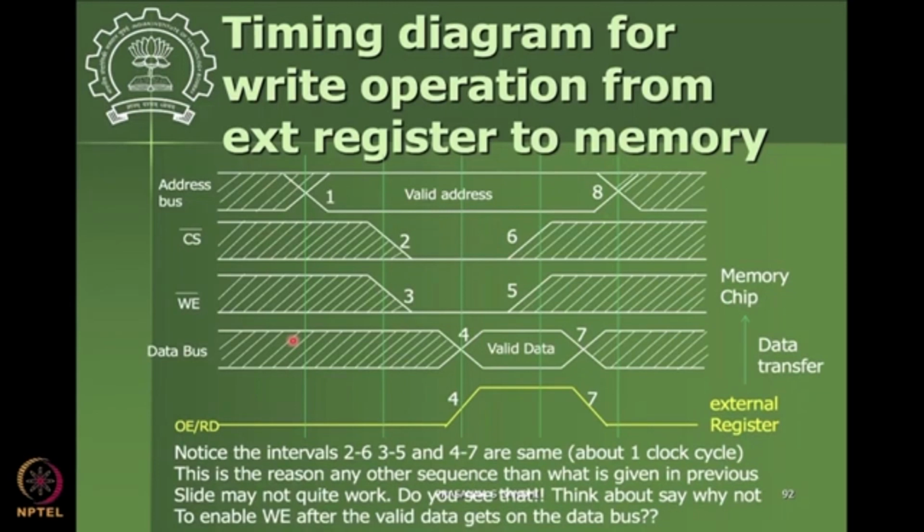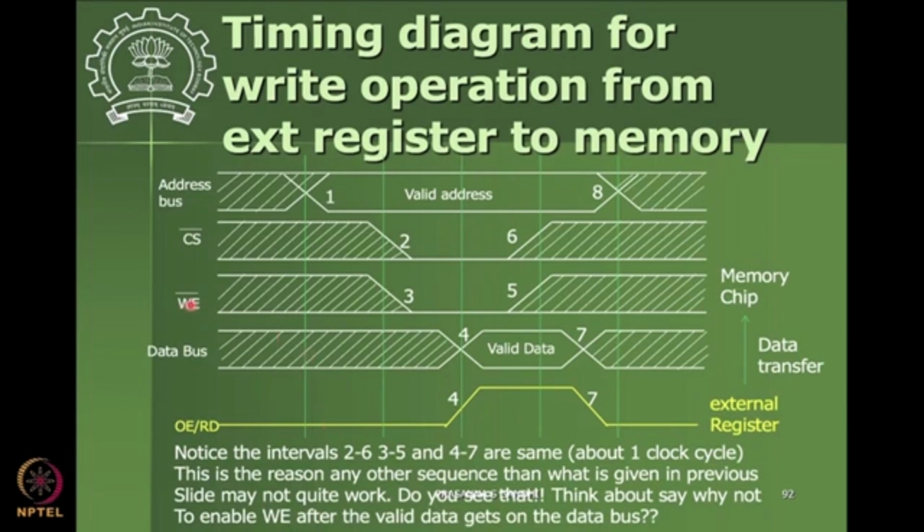How do we think? We first think about what the inputs are and what the outputs are. For example, this output enable is an input given to this external register, and as a result, what is happening on the data bus is this. So this is input, this is output.